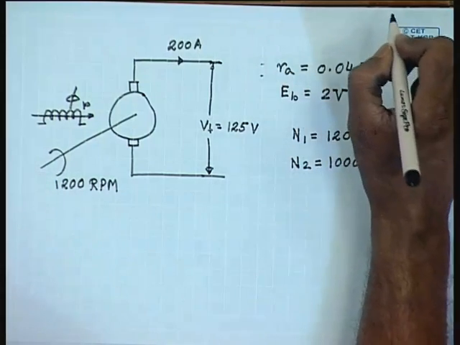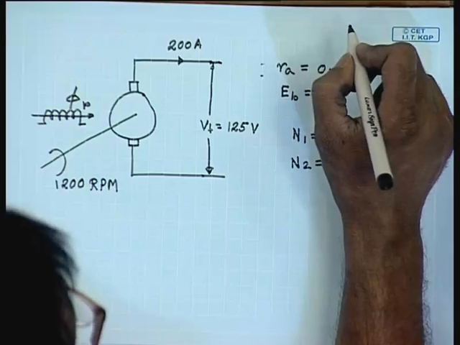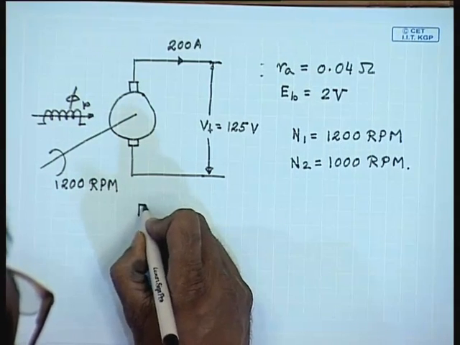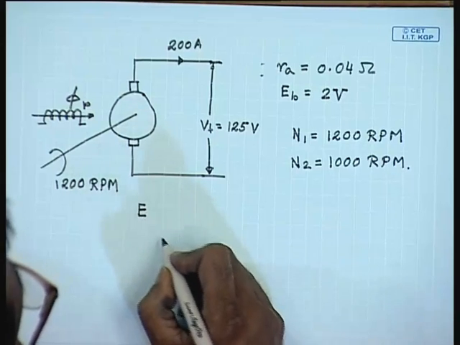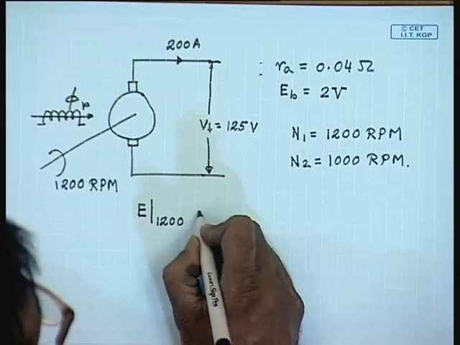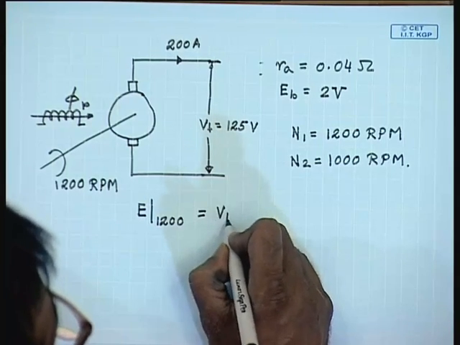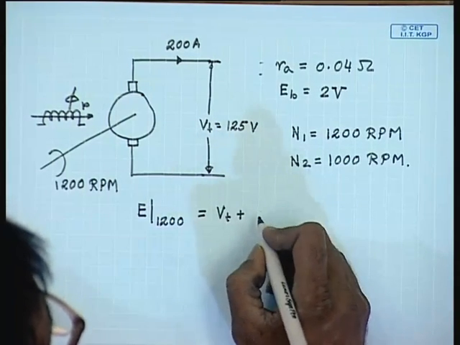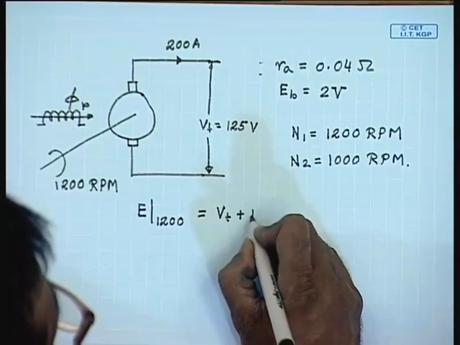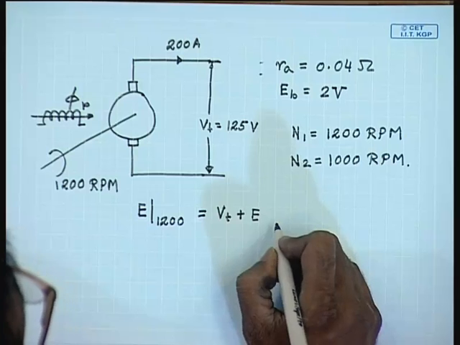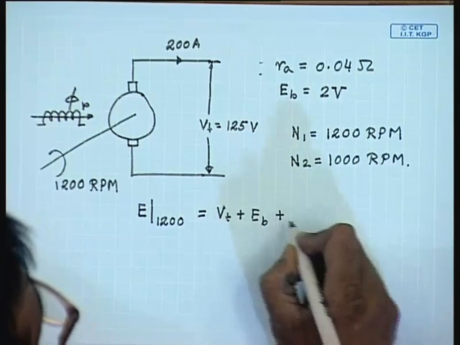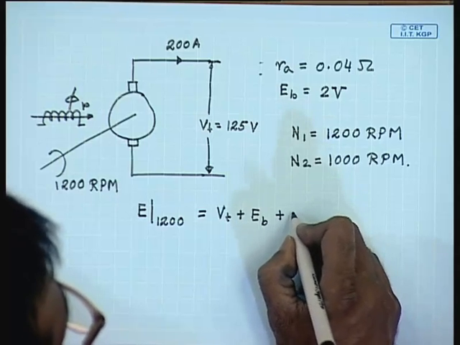For this, let us first find out the induced voltage E at 1200 rpm, neglecting armature reaction. E at 1200 rpm then will be terminal voltage plus brush contact drop plus armature resistance drop.